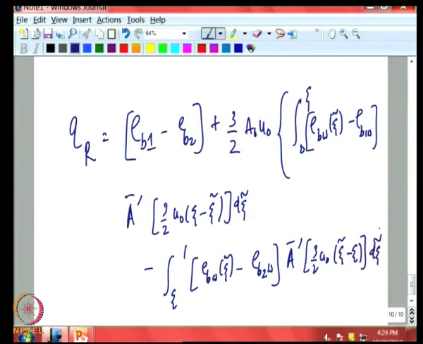So, this is the standard integral equation that you obtain in this case.